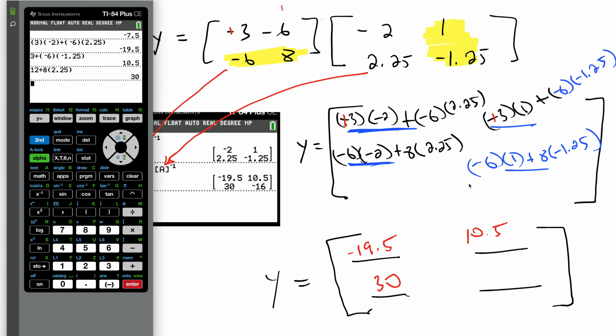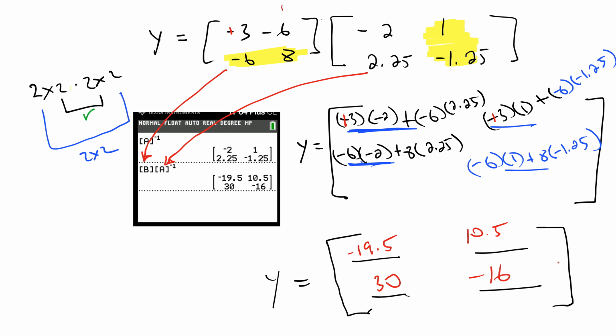And the other one is negative 6 times 1, which is negative 6, plus 8 times negative 1.25, which is negative 16. And that's your answer, same as that.